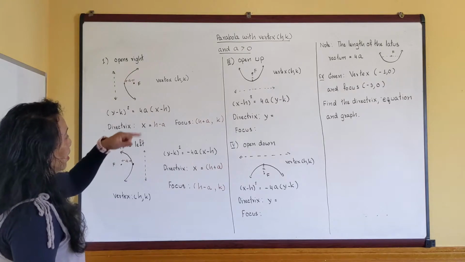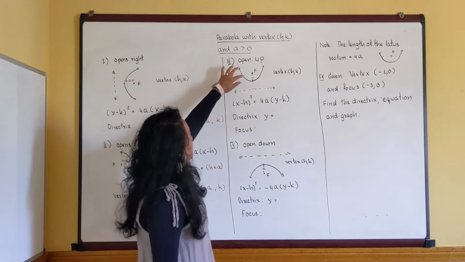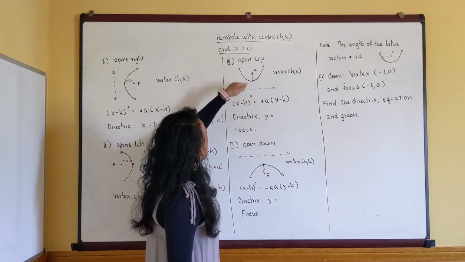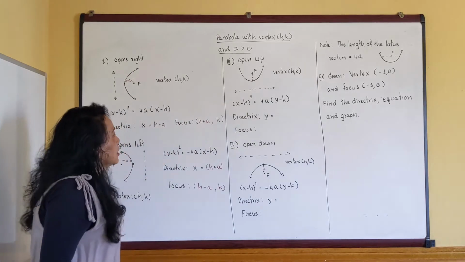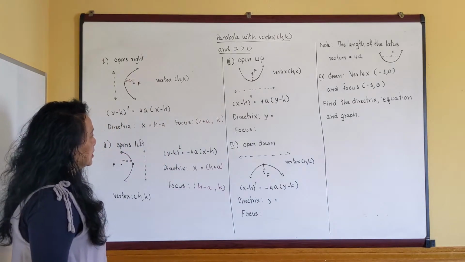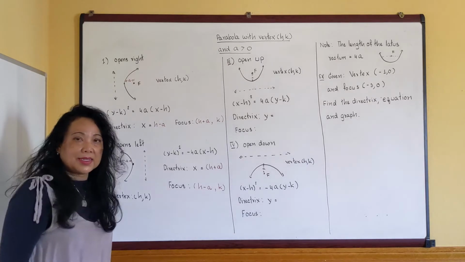It's open upward. Vertex is (h, k) again. The focus will be inside or above the vertex. The directrix will be the equation of y. The equation will be (x minus h) squared equals 4a times (y minus k).